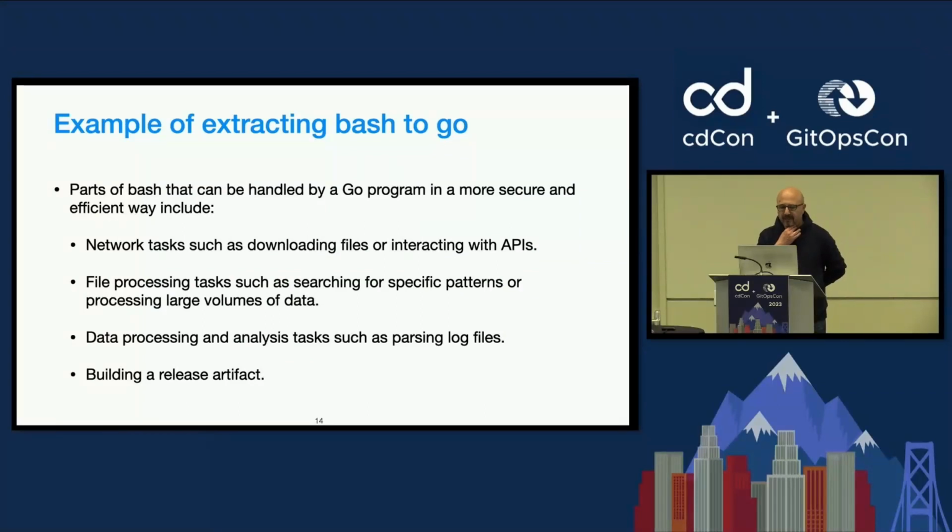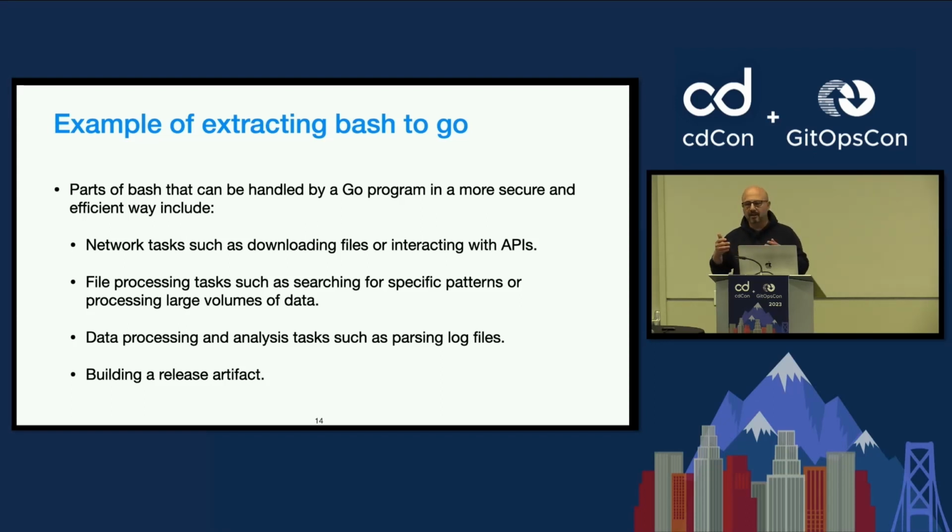What are some things that are good candidates for being used in a Go program or whatever language? Network stuff, like we've had parts of our pipelines that had to interact with an API. I don't know if any of you were here before, in the previous presentation in this room, they were giving an example about their Dockerfile that was pulling some script from their partner, and then executing it in the Dockerfile to build their image.